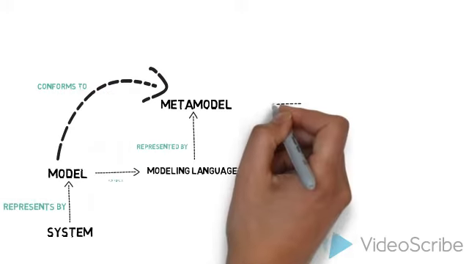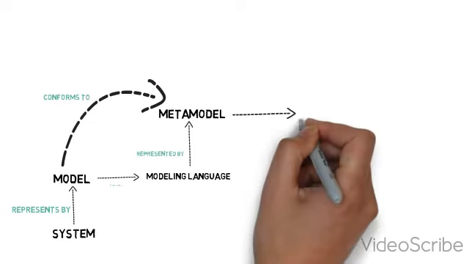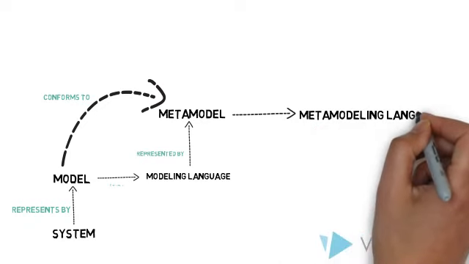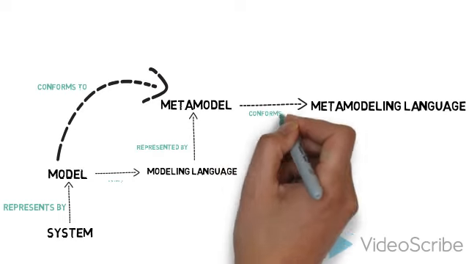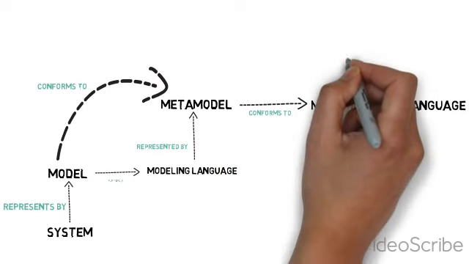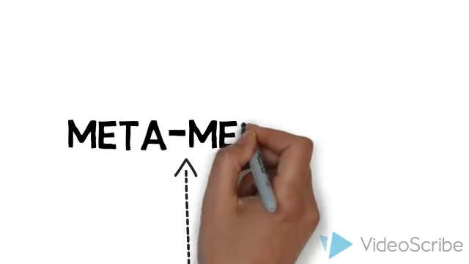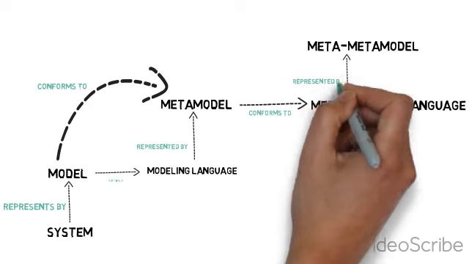Now, a metamodel conforms to a language whose abstract syntax is represented by a metamodel. So, transitively, we can say that a metamodel conforms to a metamodel, and then the metamodel substitutes the metamodeling language in the transitive conforms to relationship.